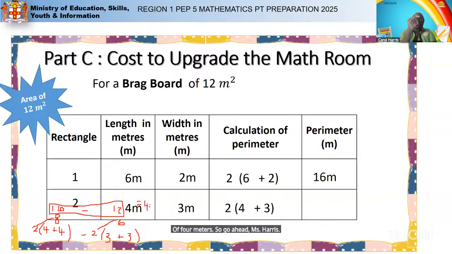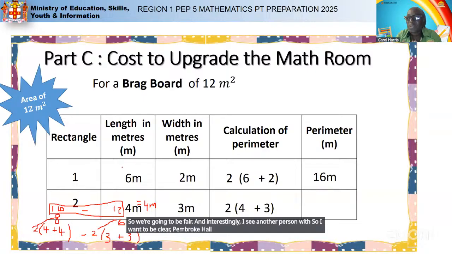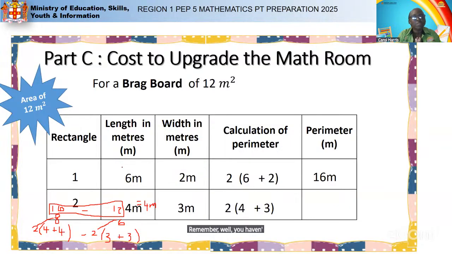So we want to be clear, and interestingly, I see another person, Pembroke Hall, I see you doing something similar, where you have the 2, open bracket 3 plus 3, and I guess you mean a plus sign, 2, open bracket 4 plus 4. We have to be careful with our use of brackets. Remember, you haven't done order of operations yet, if my memory serves right.